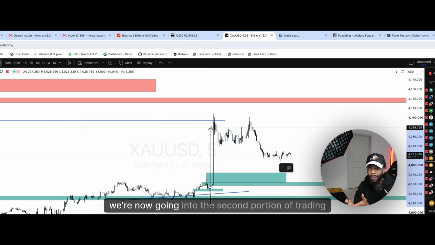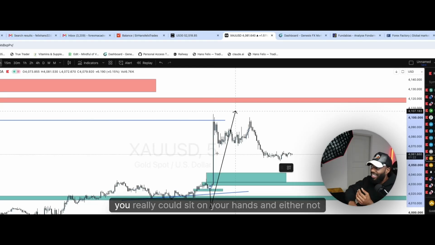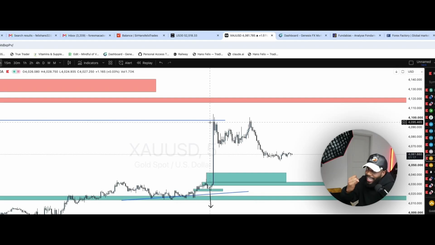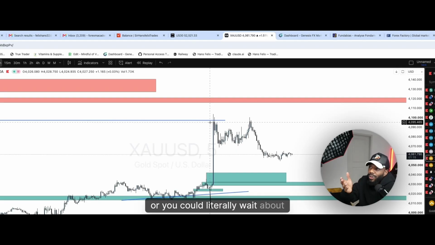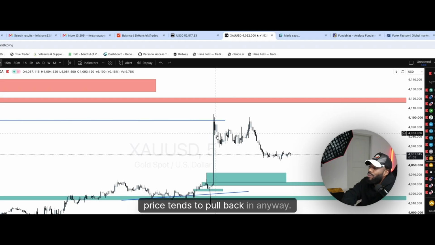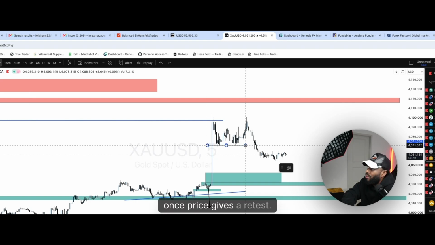Now we're going into the second portion of trading core CPI: you don't have to trade the 8:30 open, meaning you really could sit on your hands and either not trade that day, or wait about an hour after 9:30, because as I was saying, price tends to pull back in anyway, and it gives a lot more clarity to enter the trade once price gives a retest.